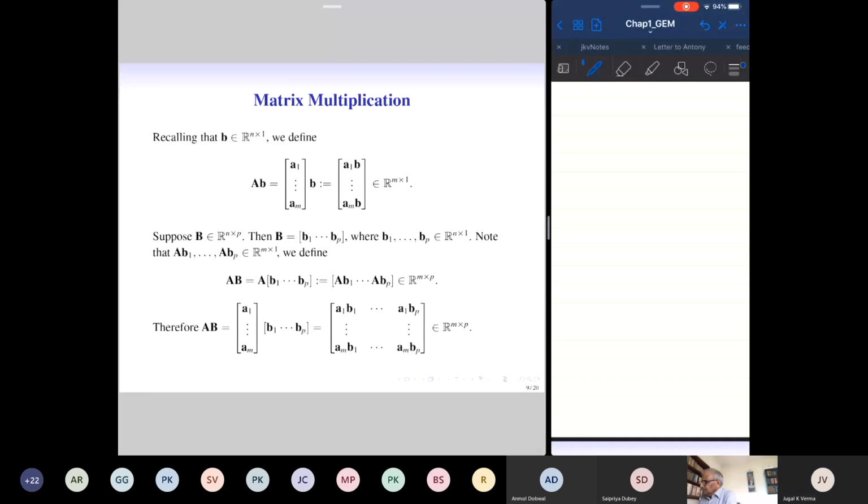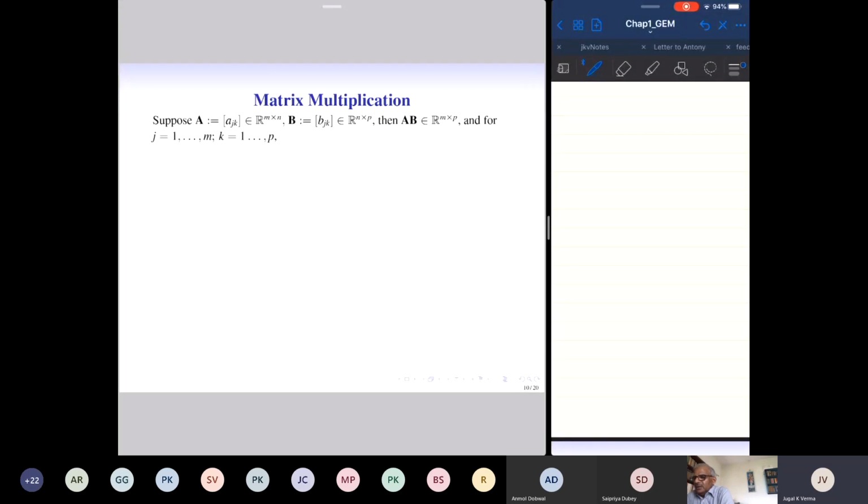So that's how we are multiplying. Think of A as consisting of row vectors. If we are multiplying A with B, display the row vectors of A and the column vectors of B, and to write down the entry in the jth row and kth column, we simply take the jth row of A and the kth column of B, take the dot product, and display it as the entry of the product.